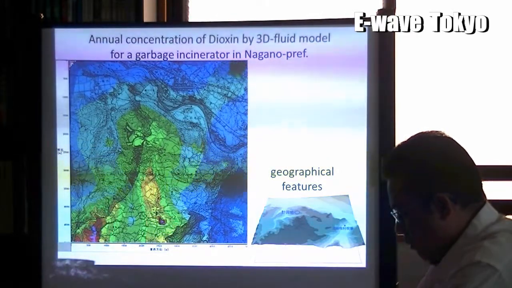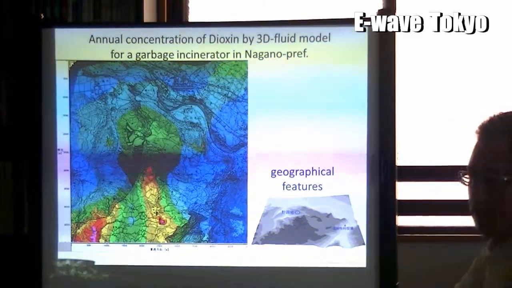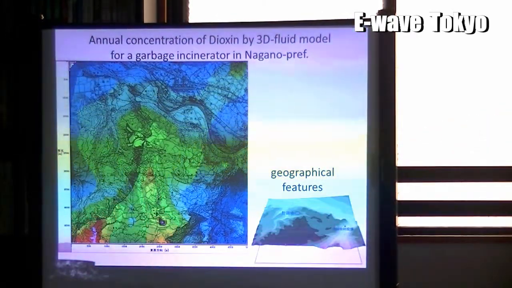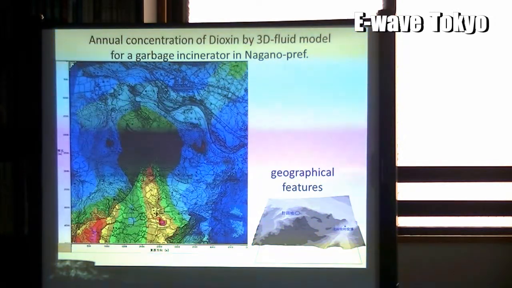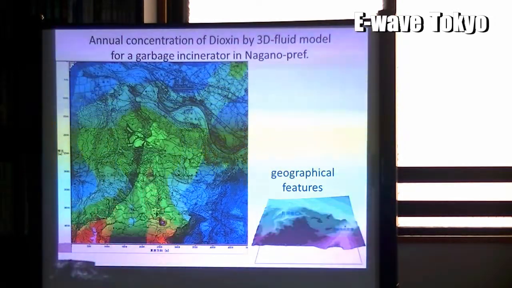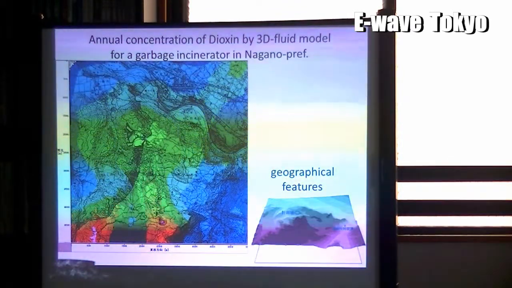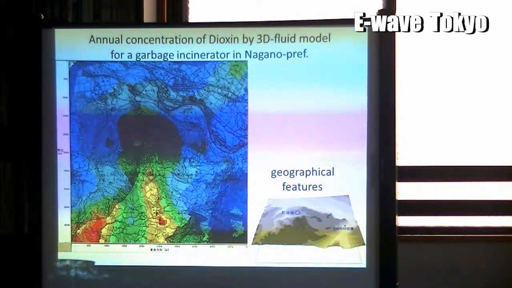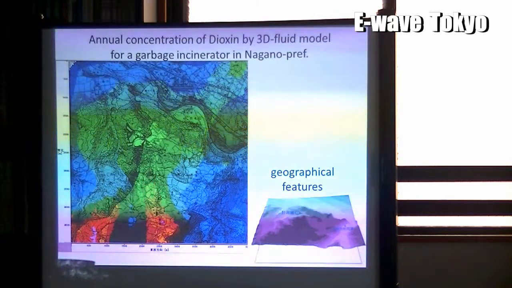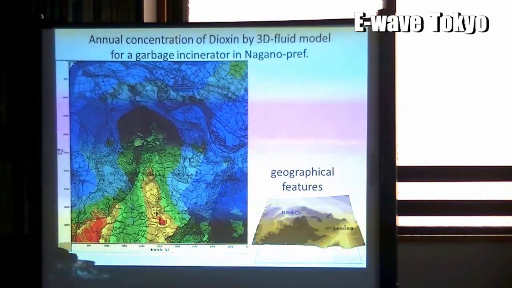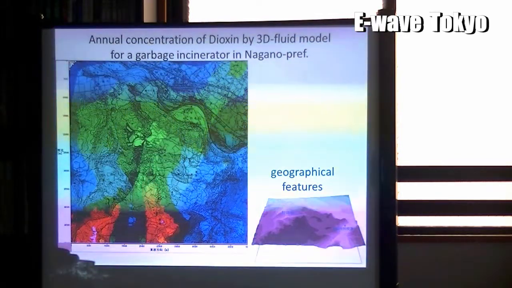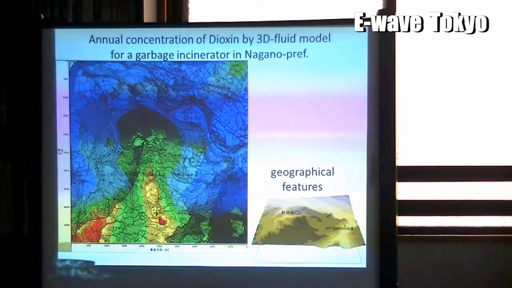If a huge Japanese incinerator came into your country, would the government set up an environmental impact statement procedure? Is that right? Yes, they will. But the results are only disclosed to a limited number of people.